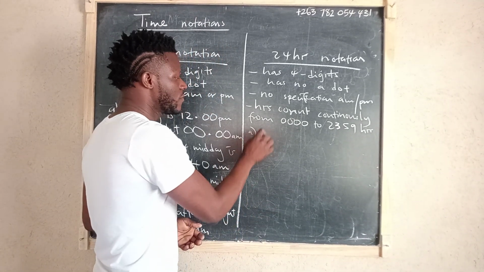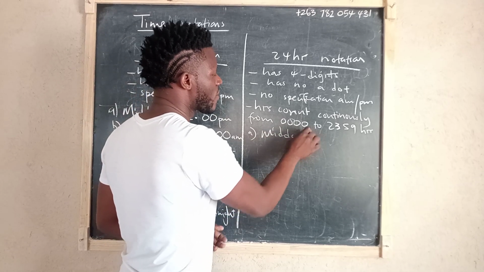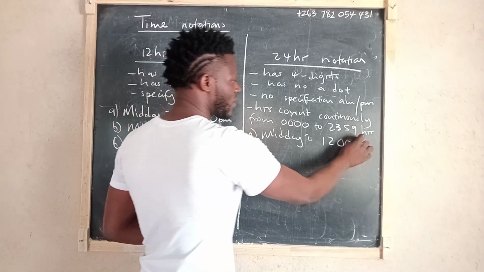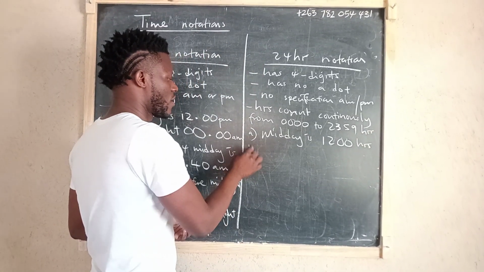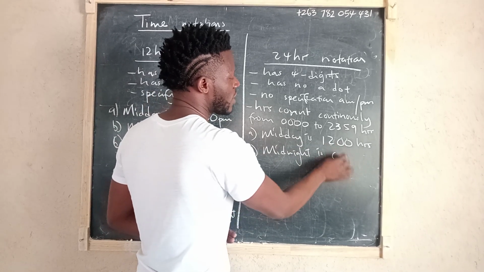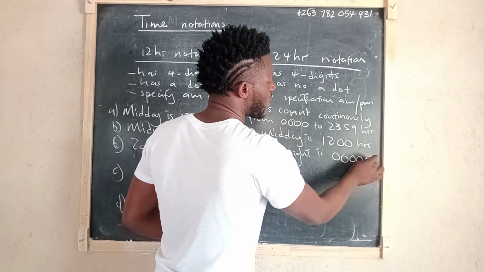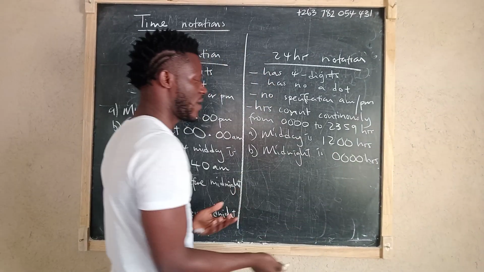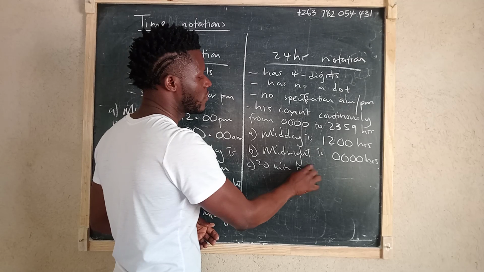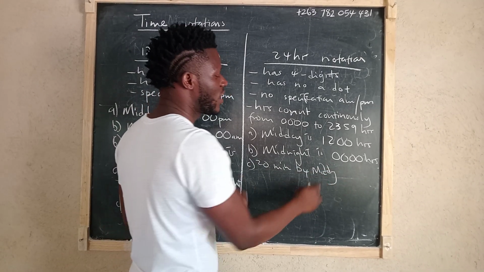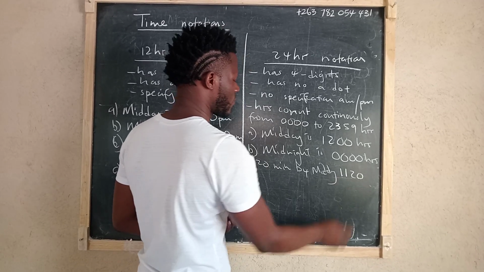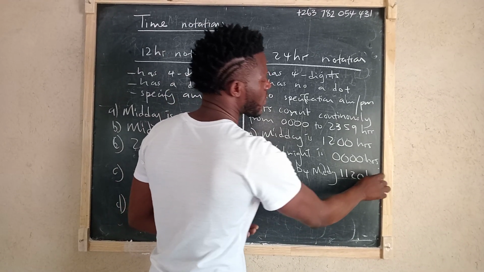That is number A. Midday is 12:00. You do not specify AM or PM, you simply put hours. Midnight is 00:00, not AM, but again hours. 20 minutes before midday is 11:40 hours.